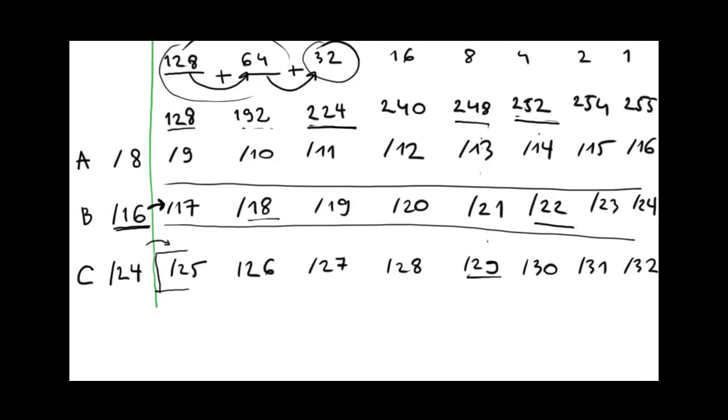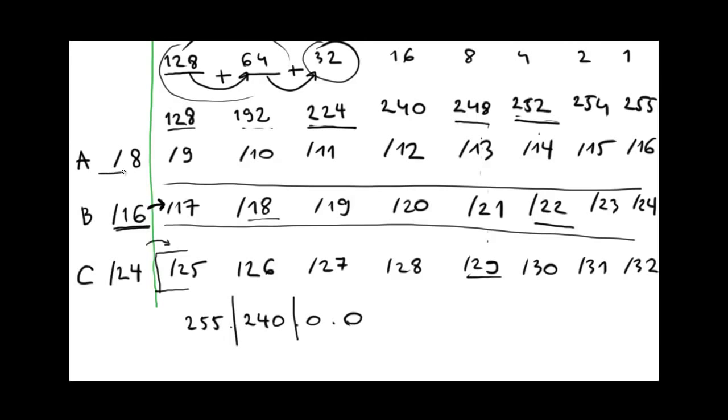And last short example from class A. If your subnet mask is 255.240.0.0, we know we are in the second octet.